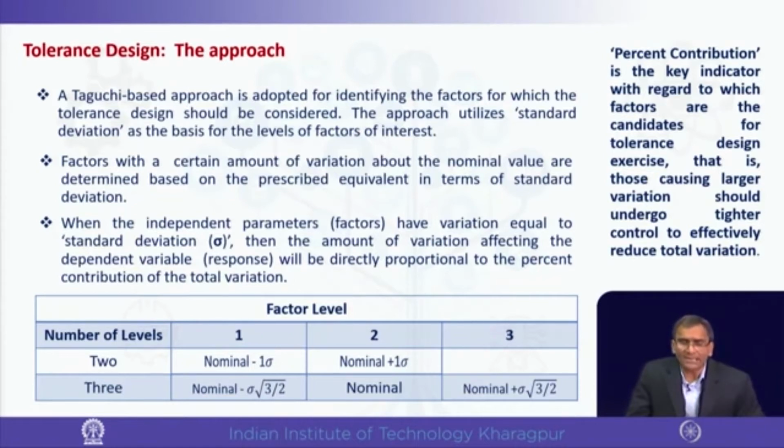Factors have a certain amount of variation about the nominal value, say a nominal value of a dimension, maybe in millimeter. So what is the range? It will have a span from minimum to maximum, as we know in a tolerance.